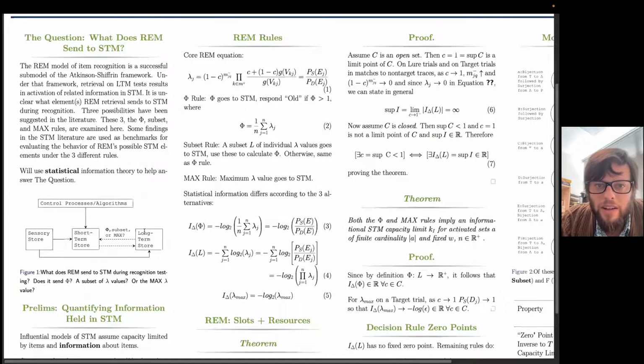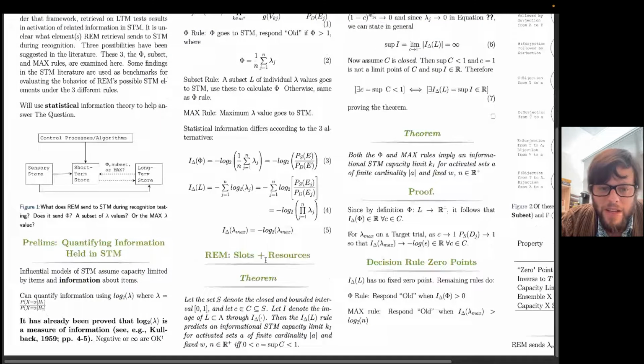And they revolve around considerations of what seems plausible, what seems like it would work the best in a model, as well as what this implies about what we should see in the literature, and then we compare that to things in the literature. So there are a bunch of theorems I've been trying to work on. I'm sure there are problems with many of them, but I tried to tighten a couple of these up just to show some of the ideas.